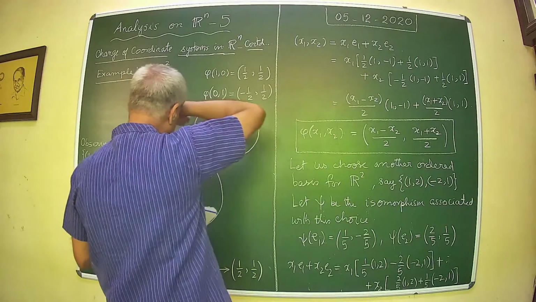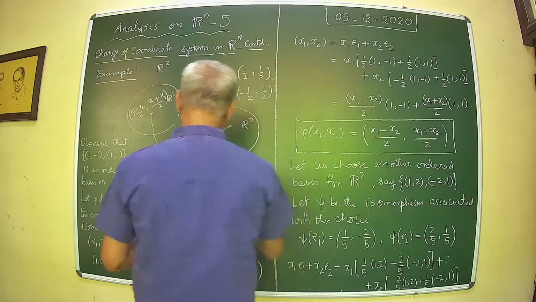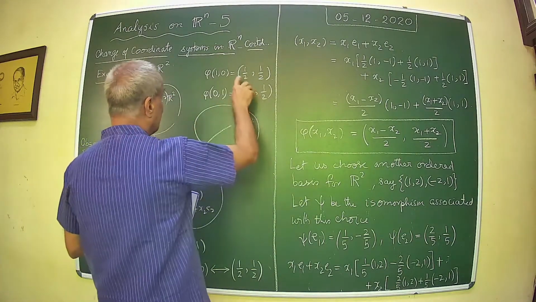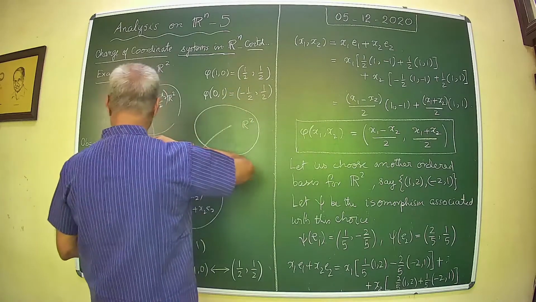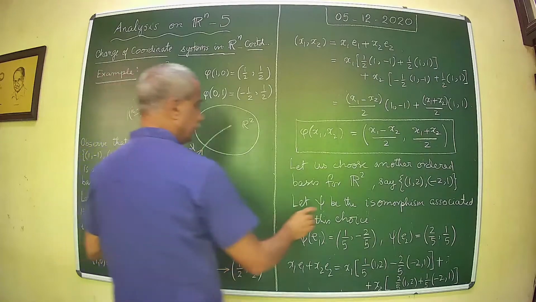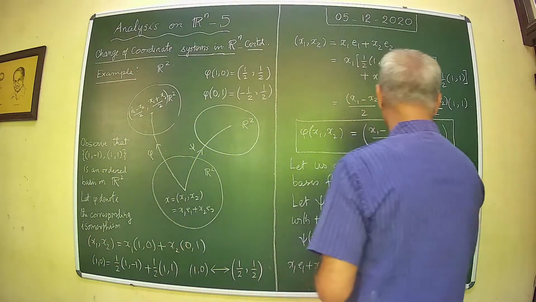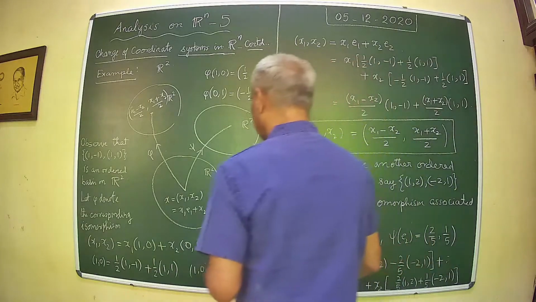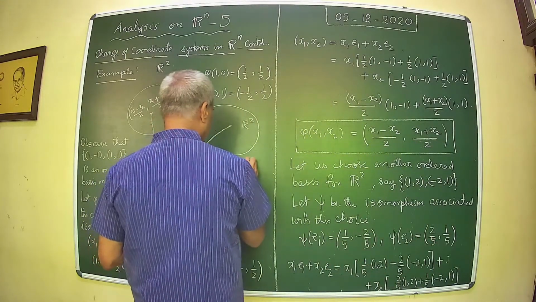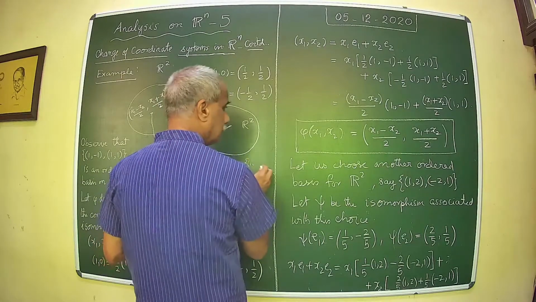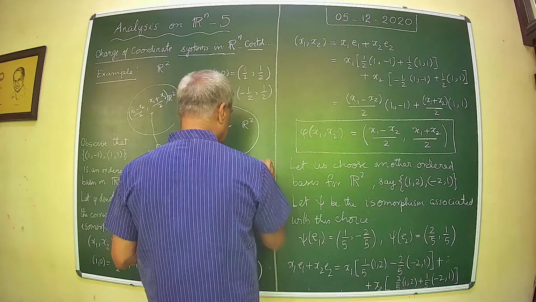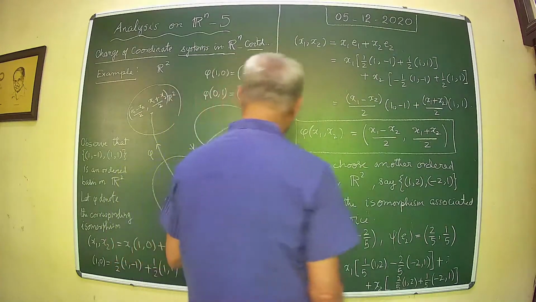Psi corresponds to the new basis that you have chosen, namely (1, 2), (-2, 1).